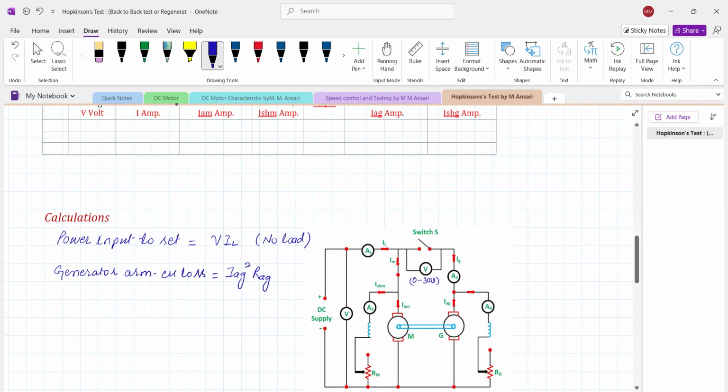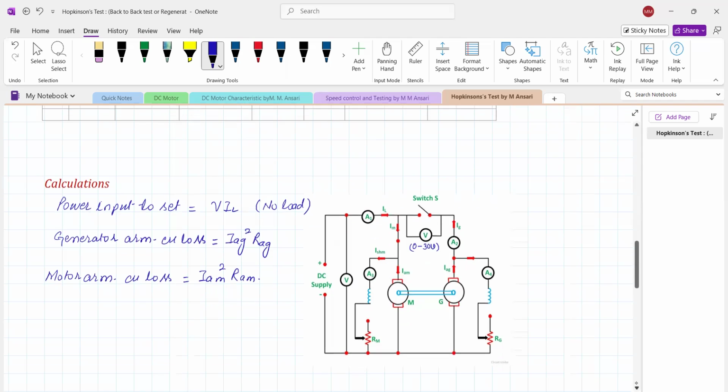Similarly, the motor armature Cu loss is equal to IAM, the motor armature current, square into RAM, the motor armature resistance. The power input is used to overcome the stray losses in both the machines.